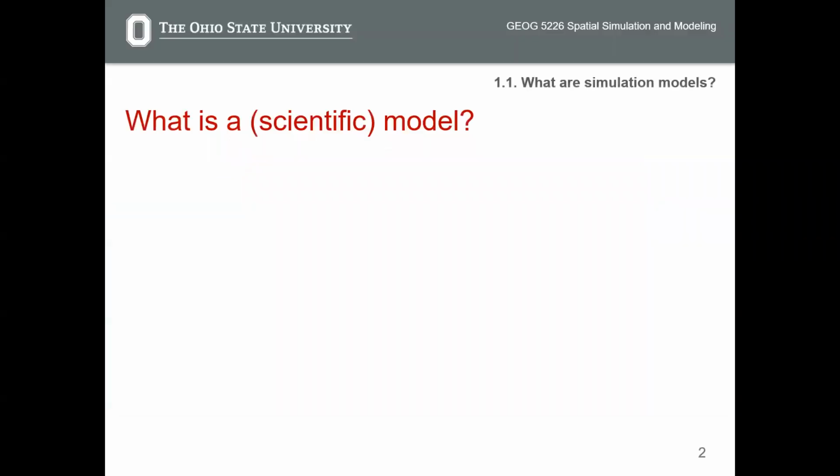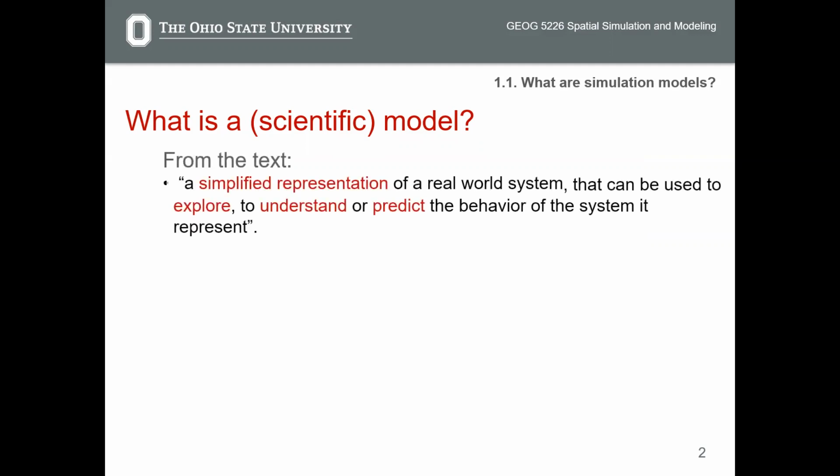So what is a model or what is a scientific model? According to the textbook, a model is a simplified representation of a real-world system that can be used to explore, to understand, to predict the behavior of the system it represents.